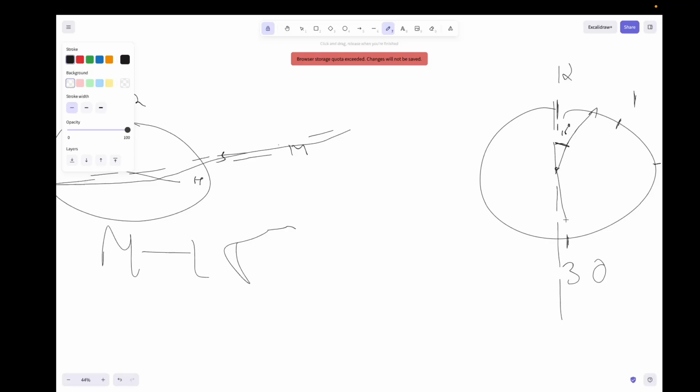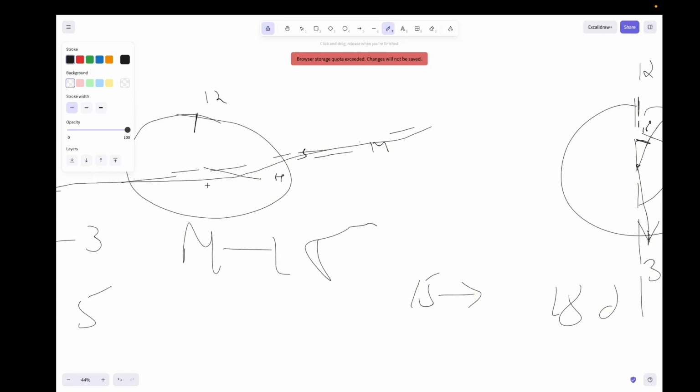And the minute hand is at 30. So the difference is, the minute hand moves, and for each minute it goes 6 degrees, so 180, right? From here it will go 180.